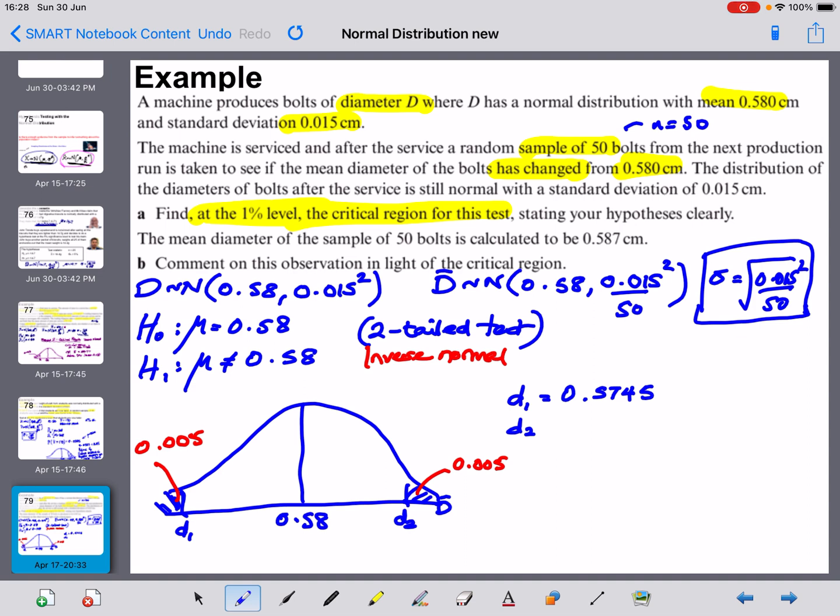Okay, but either way, you should get 0.5855. Okay, so that gives us two critical regions: D-bar is going to be less than 0.5745, or D-bar is going to be greater than 0.5855. So those are our critical regions.